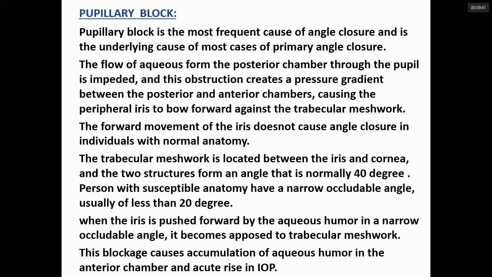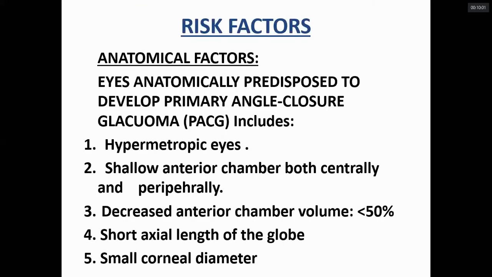So any cause that makes the iris push forward will create apposition against the trabecular meshwork, so the aqueous cannot drain, which causes accumulation of aqueous humor in the anterior chamber and a rise of intraocular pressure.